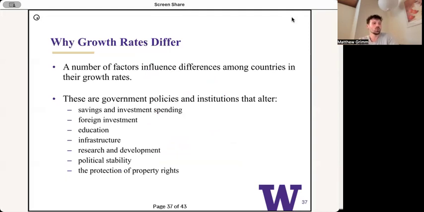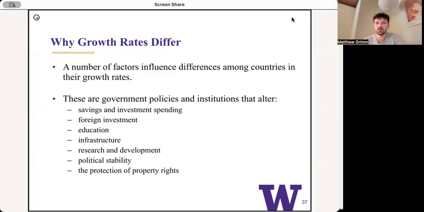Nice. So why do growth rates differ? There are a number of factors that influence differences among countries and their growth rates. Most of these are government policies or institutions that alter them: savings, investment spending, foreign investment, education, infrastructure, research and development, political stability, and the protection of property rights.